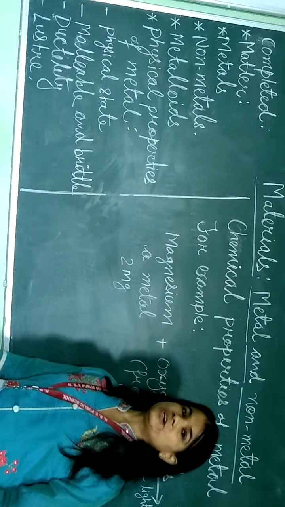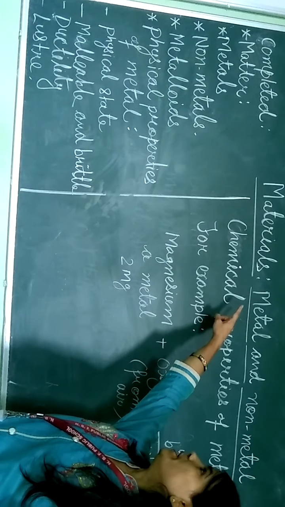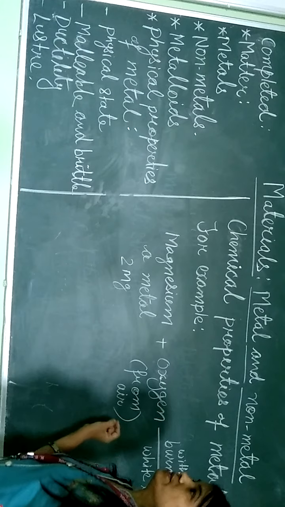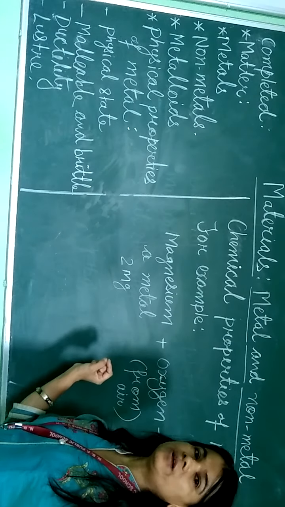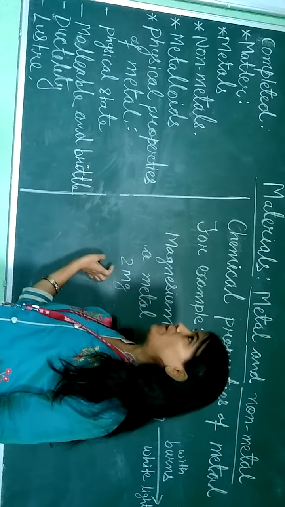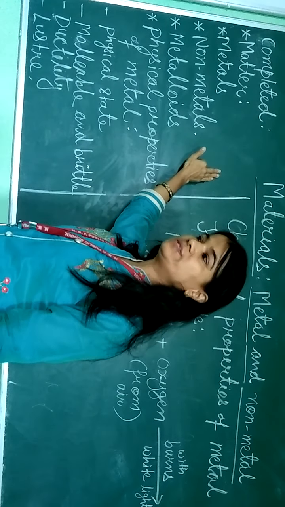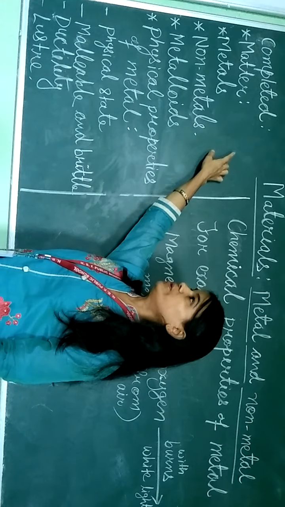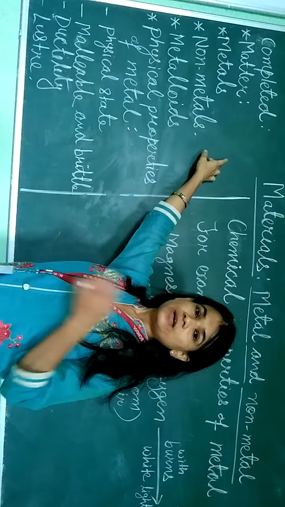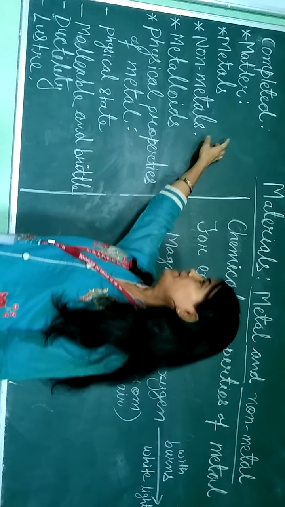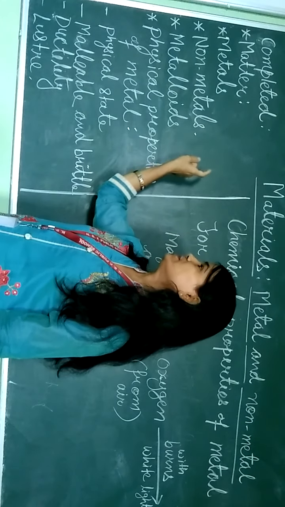Let's continue with chapter 4, Materials, Metals and Non-Metals. In this chapter, we already discussed matter, meaning an object which has space, which has volume. Then we explained metals, non-metals, metalloids.